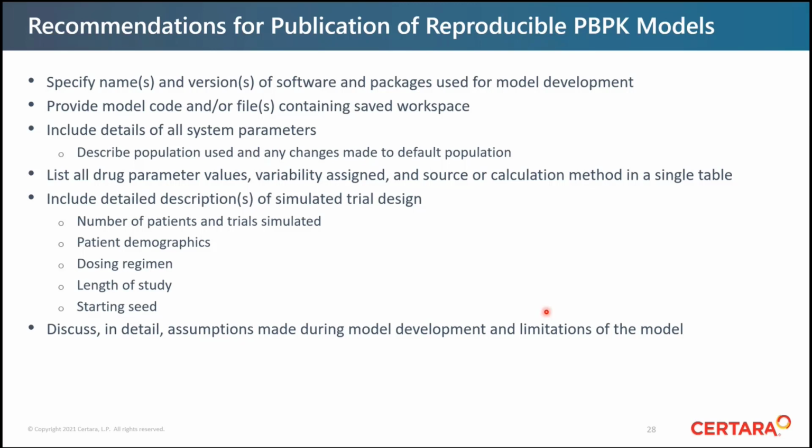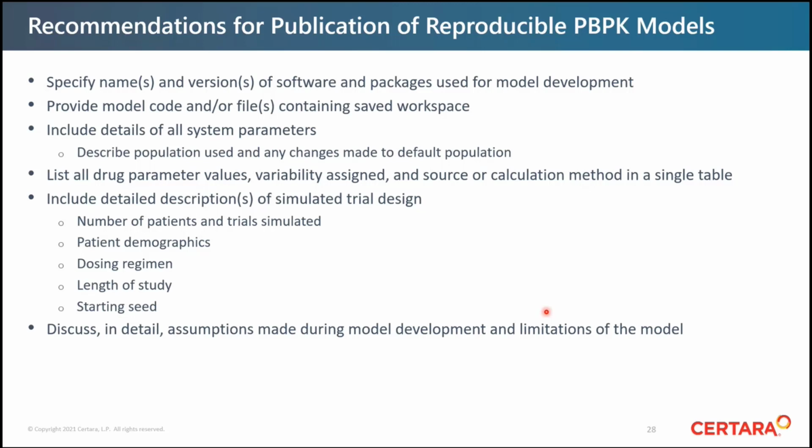It's important to also include details of all the system parameters. As I mentioned, the populations often change between versions of the SimCyp software, the parameters for those models. And so someone using a newer version may not have access to the default population parameters from a previous version.